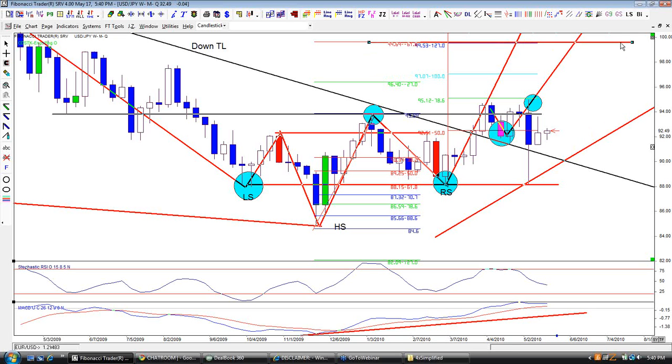And this is why I said, when I'm trading head and shoulders, I like to take profit before the neckline, because the neckline can act as resistance. And then if I have more targets, I will trade all the way up to the extensions.